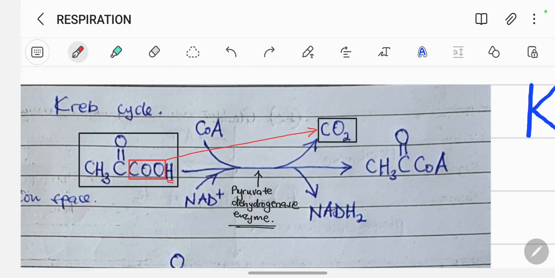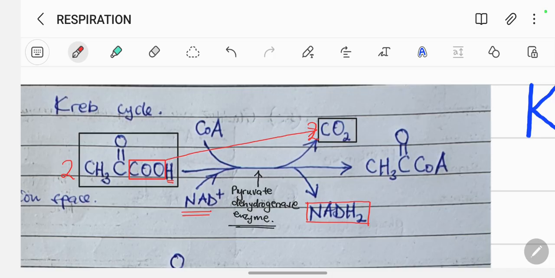It means that we have two hydrogen molecules and 2 carbon dioxide molecules going off there. So these two hydrogens are going to be taken by NAD. So our NAD takes those hydrogens there.